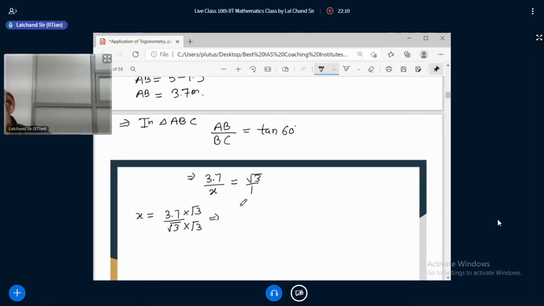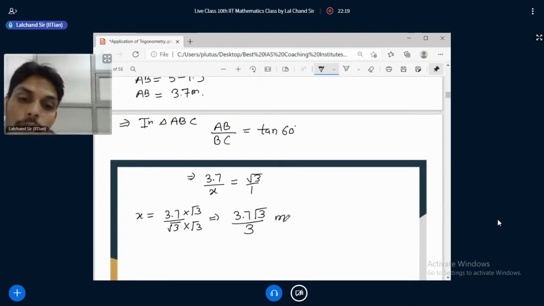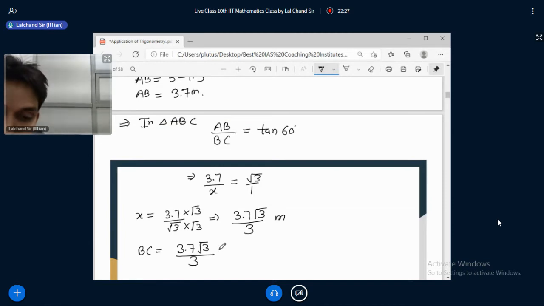So finally we have 3.7 into √3 by 3 meters. This is the length of BC, the base BC, equal to 3.7√3 divided by 3 meters.